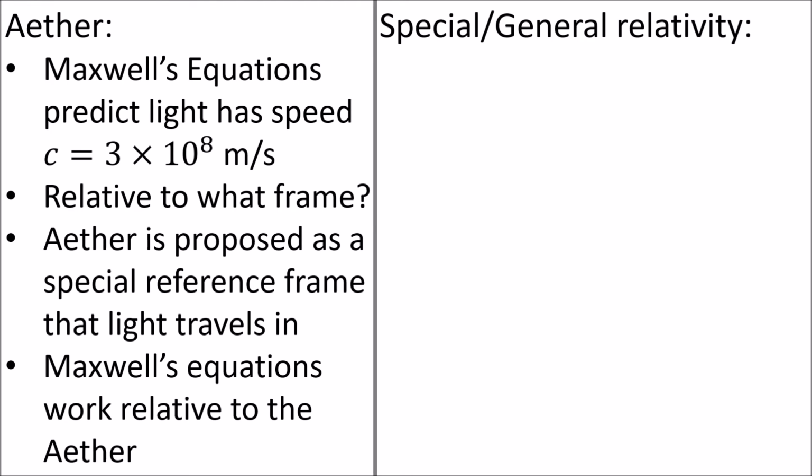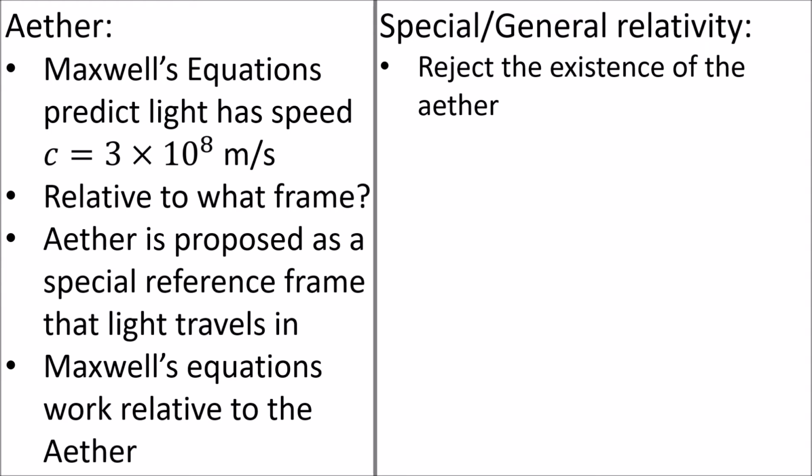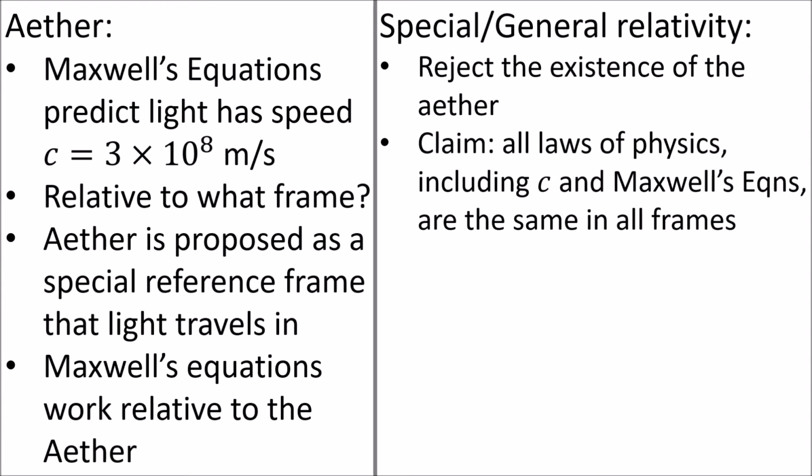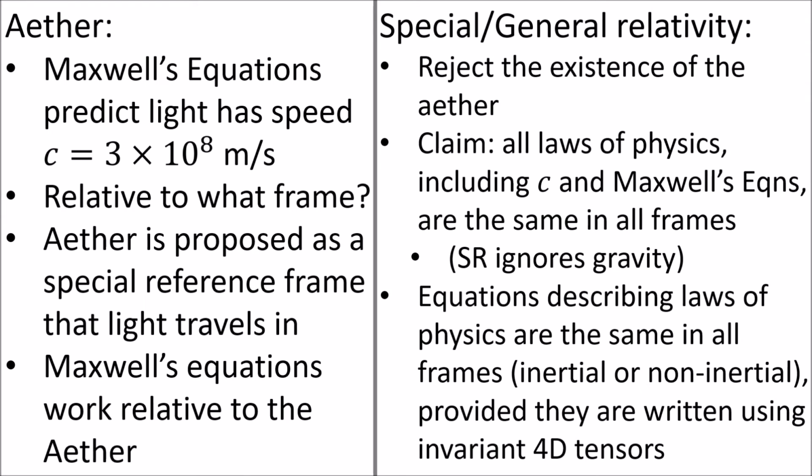Special and general relativity reject the existence of the ether. Special and general relativity claim that all laws of physics, including the speed of light c and Maxwell's equations, are the same in all frames of reference, although special relativity ignores the laws of gravity. In these relativity theories, the equations describing the laws of physics are the same in every single frame, whether the frames are inertial or non-inertial.